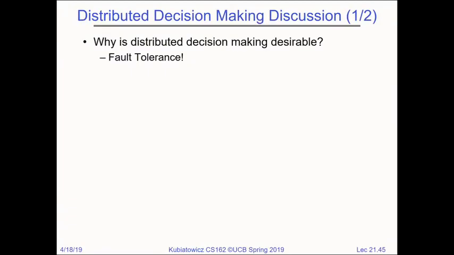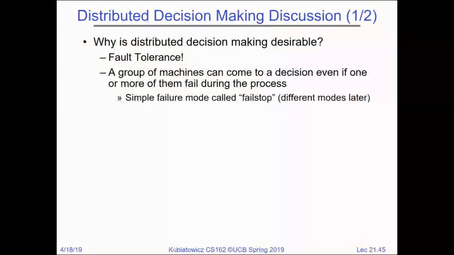So if we have a distributed state machine and all of the participants are participating in it, then no matter who fails, we have the right state there. And if we can fix this blocking issue, which I mentioned, then we've got a great system that could potentially continue correctly despite problems. Okay, so a group of machines can come to a decision even if one or more of them fail during the process.